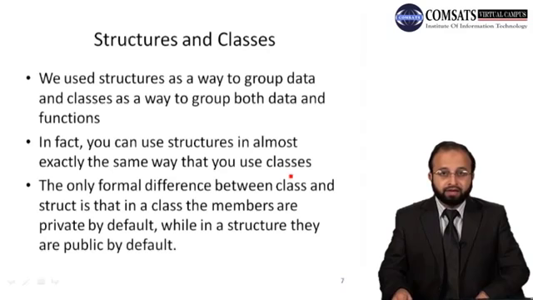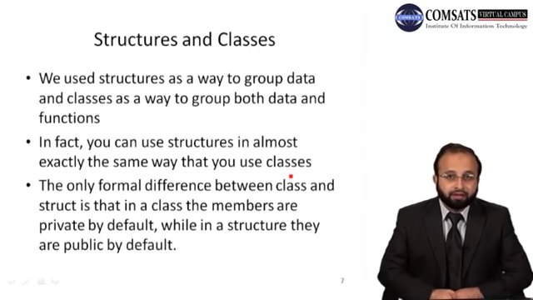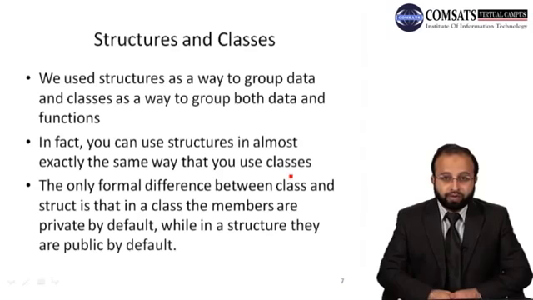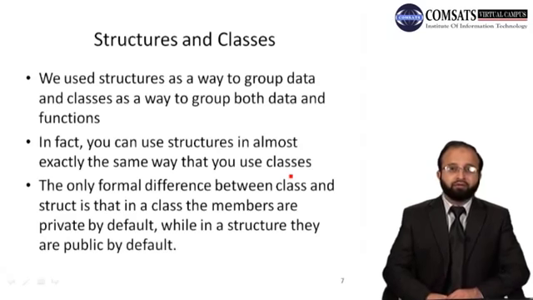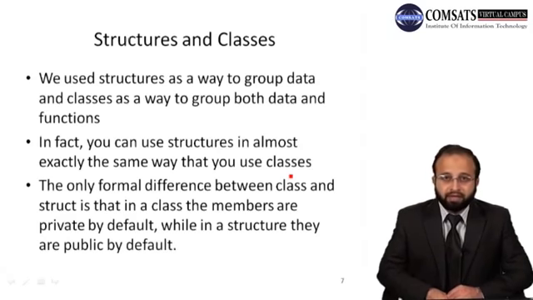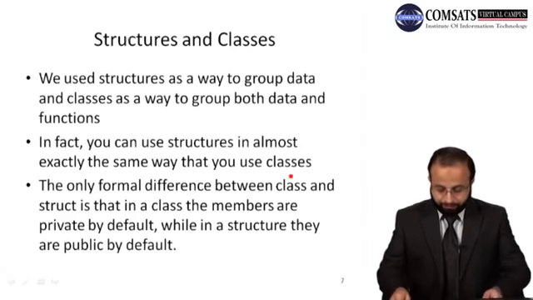By default means that if you write some variable or function inside the definition of the class and you don't mention public, then it is assumed to be private. There's no need to write the private keyword, right? Because by default they are private. If you have to make it public, you just write the public keyword.